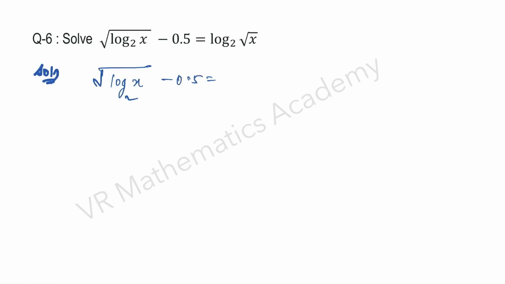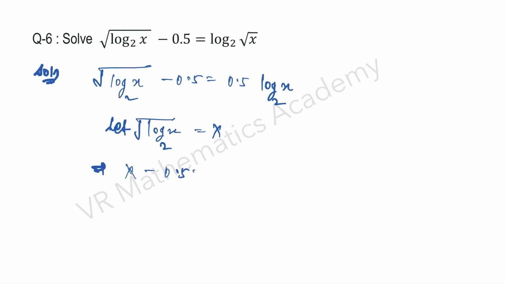Now this root x can be written with 0.5, that is, we take the power 1 by 2 as a multiplication by the log, and 1 by 2 can be written in the form of 0.5. We take the square root of log x base 2 as capital X. Then it will be X minus 0.5, and X minus 0.5 is equal to 0.5 X square.